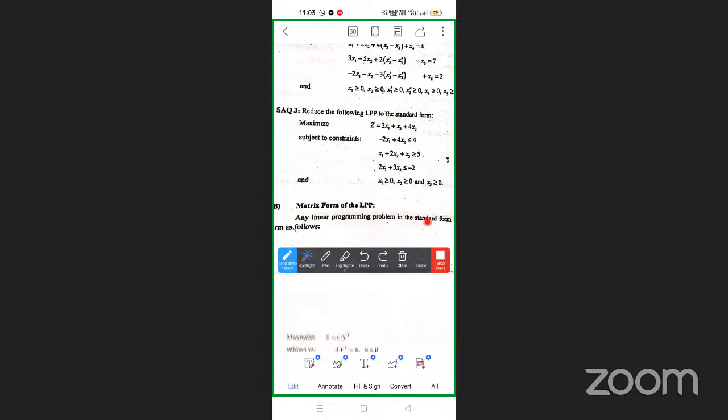So this is: reduce the following LPP into standard form. Maximization.